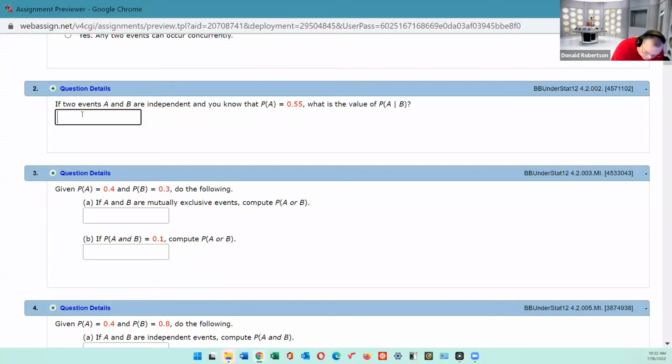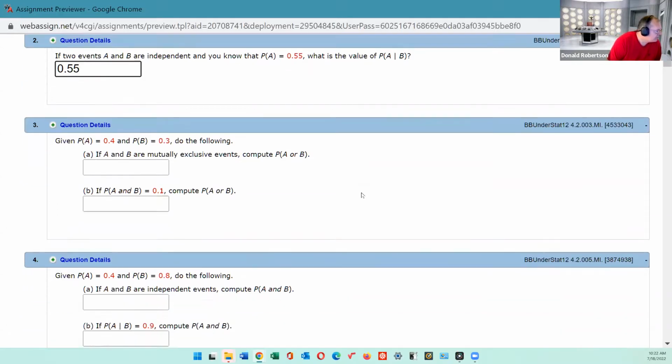That's very similar to the one I just told you a moment ago. Wouldn't the answer be that? Right, if you're independent and I tell you that the probability of A is 0.55, the probability of A given B is also going to still be 0.55.